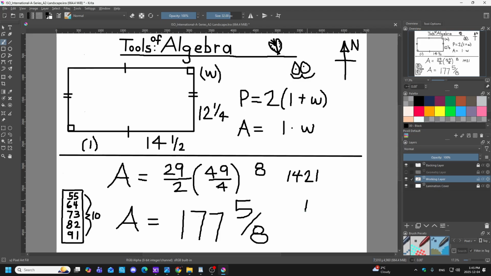So if I go 170 times 8, what does that give us? Just kind of roughly checking it out. That gets us to 1360. Okay? So we got 177. I'm kind of glad that I checked the answer because that first one was incorrect.